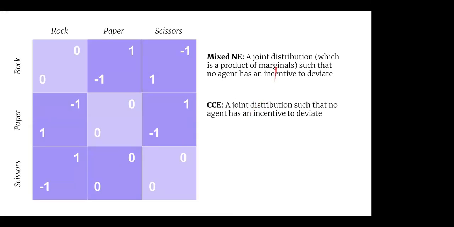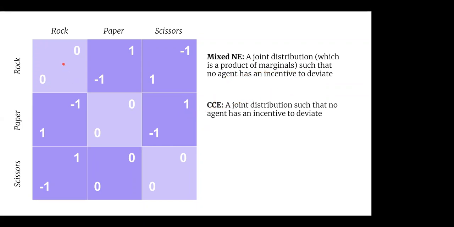So in the Nash equilibrium, we said that we have a joint distribution, which is a product of marginals, right? So we had a distribution for player 1 and a distribution for player 2. What we're going to say for this next solution concept, called the coarse correlated equilibrium, is we're going to lift this restriction that the distribution is a product of marginals.